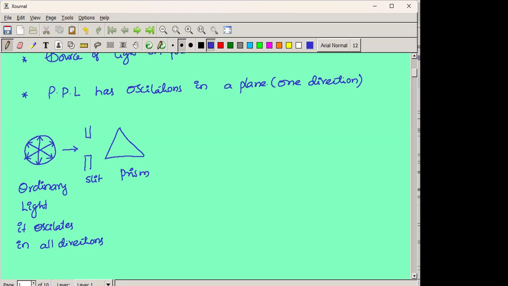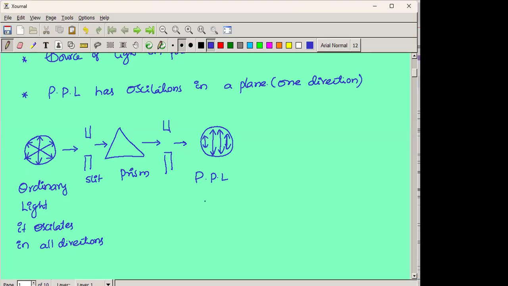When it passes through the prism, it generates light radiation. This is considered PPL, plane polarized light.